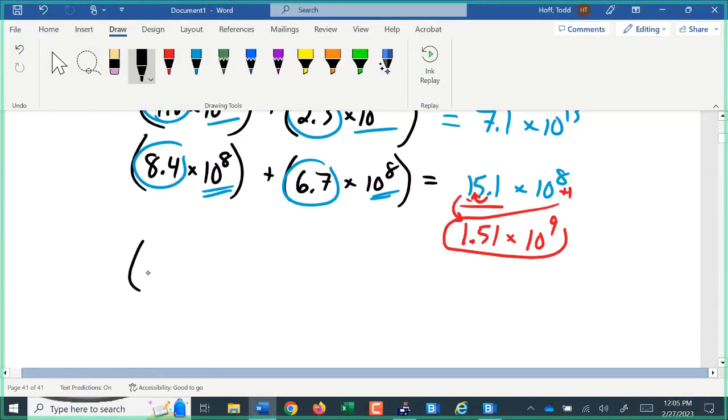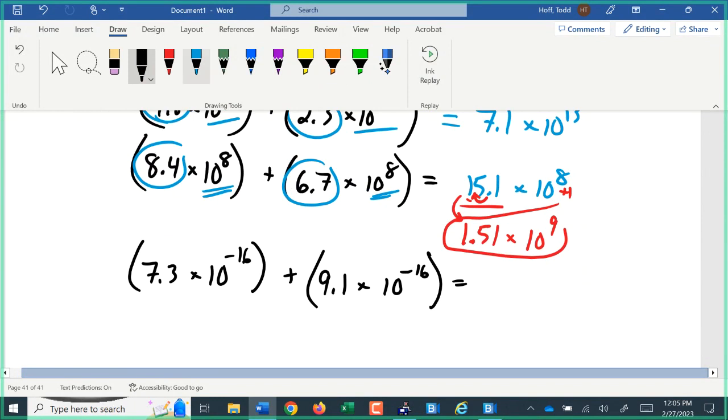We might have 7.3 times 10 to the negative 16th plus 9.1 times 10 to the negative 16th. We combine our counts. 7.3 plus 9.1 is 16.4. And we keep the same name, 10 to the negative 16th.